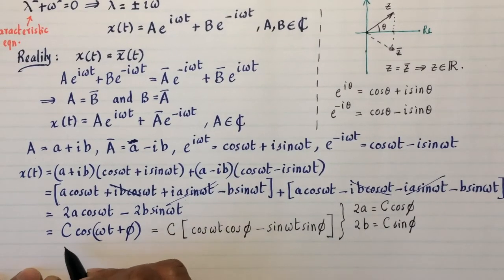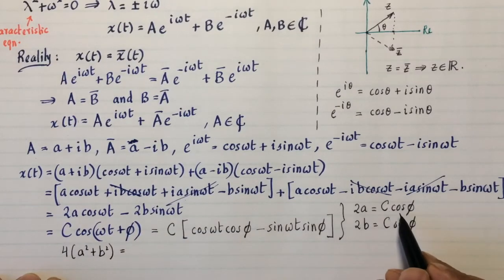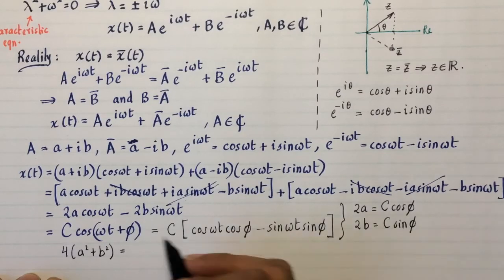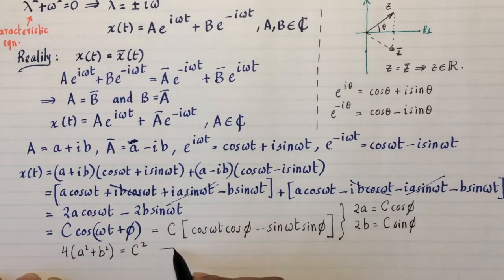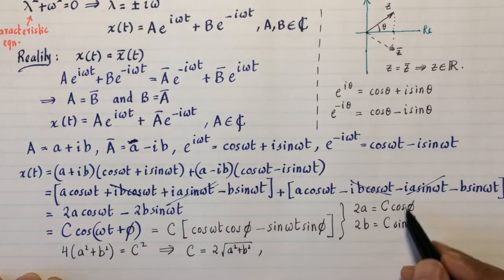If you square and add them, I'm going to get 2a squared plus 2b squared, which is 4 times a squared plus b squared, is equal to C squared cosine squared phi plus C squared sine squared phi, which is just C squared because cosine squared plus sine squared is equal to 1. So I'll get the value of C is just 2 times the square root of a squared plus b squared. And then the value of phi can be got by just dividing the two.